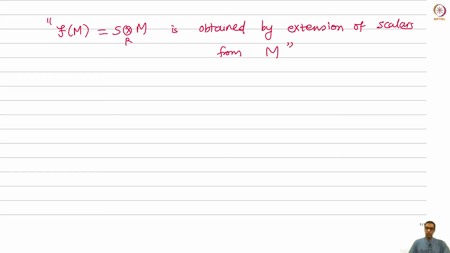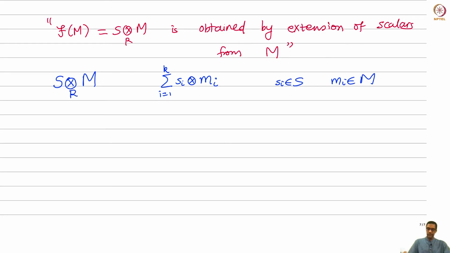So what's the scalar multiplication? Let's just recall, how did this become an S module? So S tensor M, firstly, what do the elements look like? They look like summation s_i tensor m_i. These are the typical elements, finite sums of this kind. The s_i's come from S, the m_i's come from M, and again, as before, recall, this is not a unique expression. So there may be many ways of writing the same element as such a linear combination.